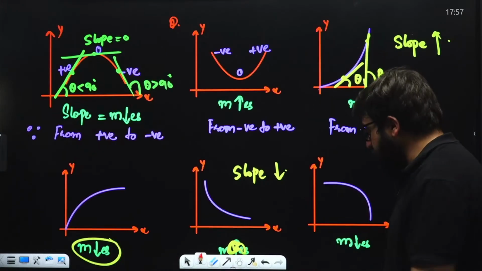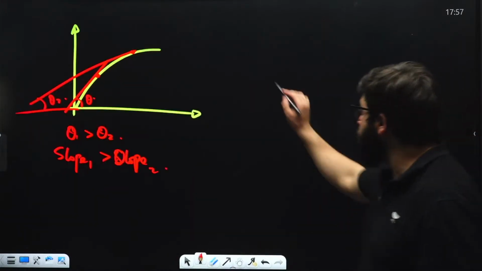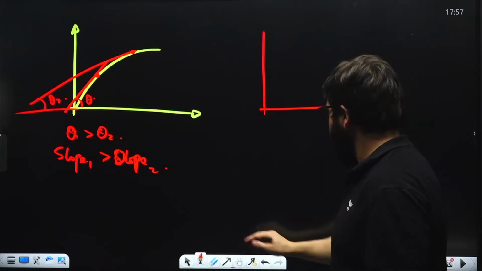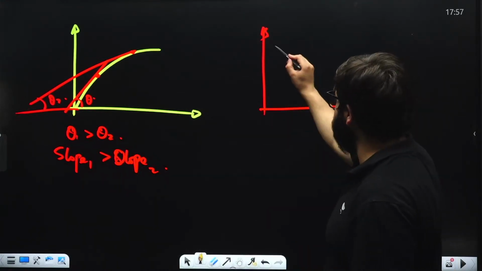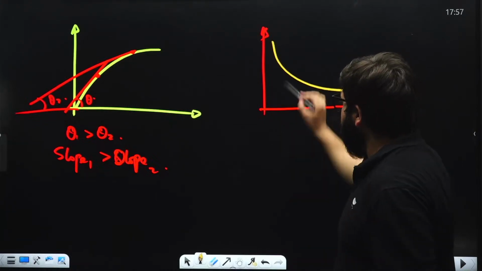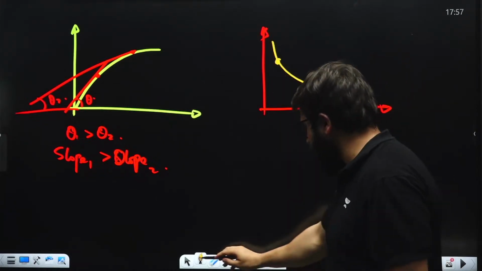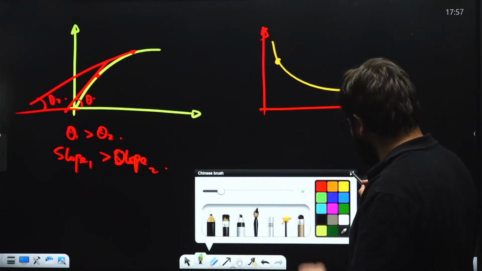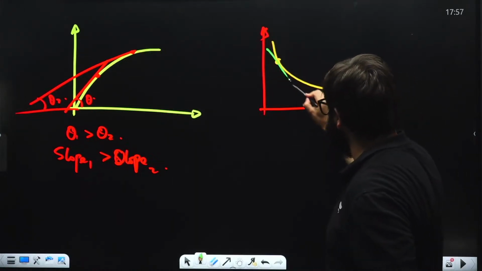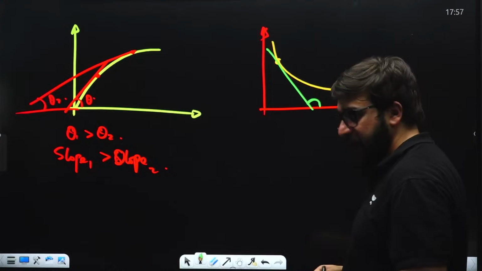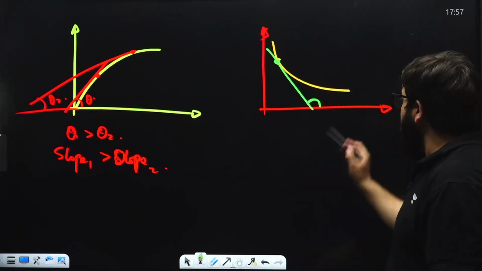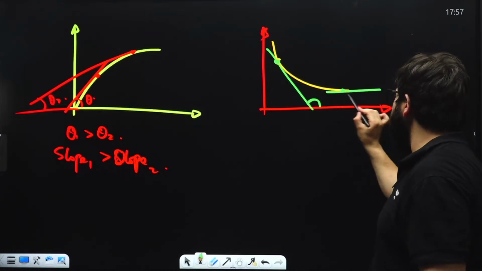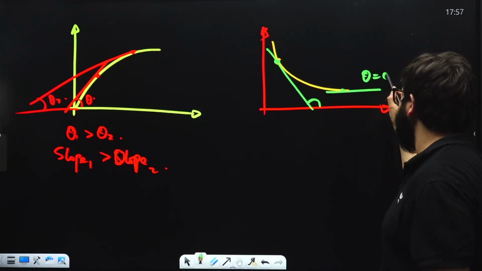Next, which one? This one. Let's talk about this one. See, in this case, this is the graph. If I take this particular point over here, my dear friends, can I say in this particular case it has got some angle. So value of slope will be there. And then at this point, it is making the angle of theta is equal to 0 degrees.